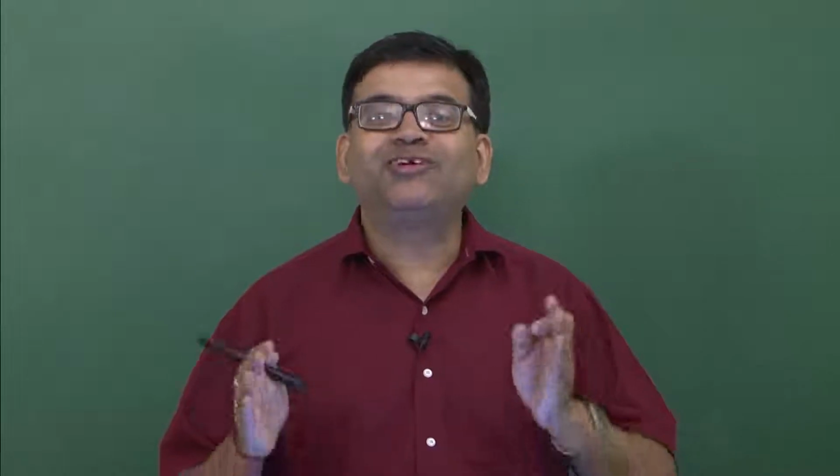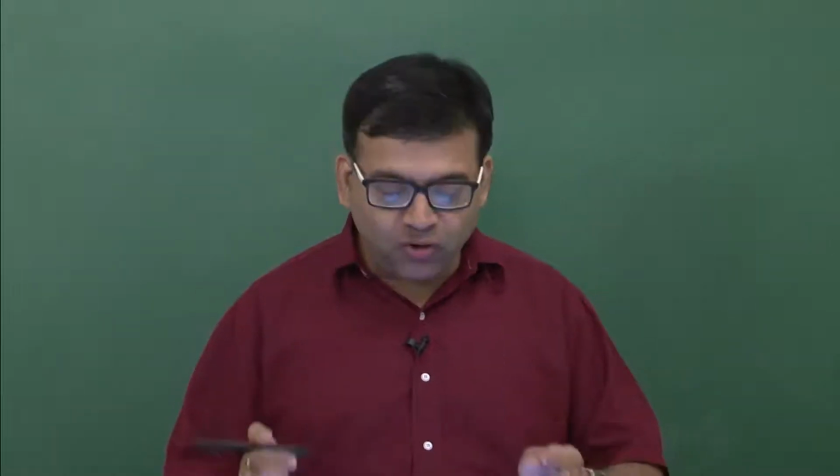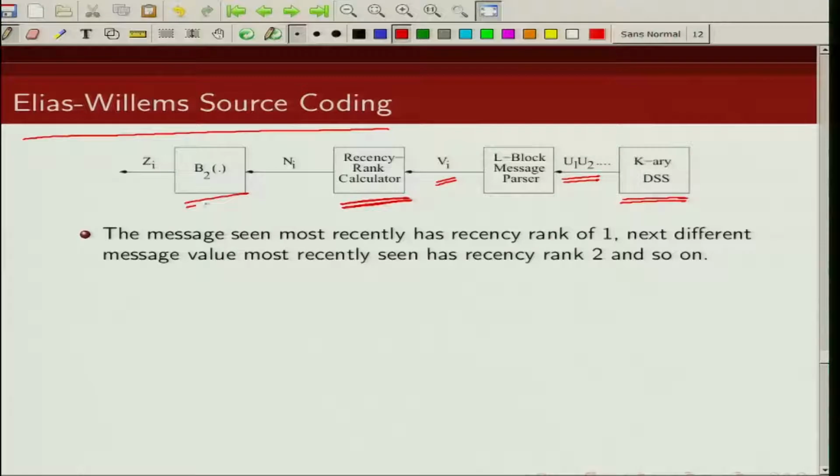And since we are talking about block to variable length coding, for instantaneous decodability we would like to design a prefix free code, and for that we are going to make use of Elias code 2. So the new elements that you see here, which are different from what you have seen for block to variable length coding for a discrete memoryless source, are these two blocks. Okay.